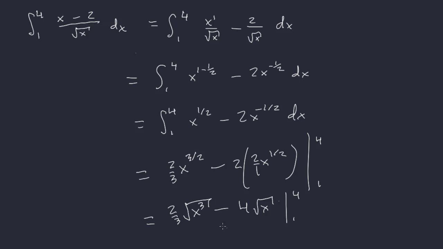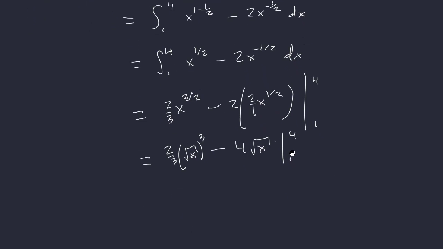That is x to the 3/2. Or you could also write it as the square root of x, all cubed. You can do it in either order. I think this is probably the wiser way. And why that would help is because we know what the square root of 4 is, right? So when we put in 4, square root of 4 is going to be 2, and then we cube it. And 1 is a similar idea.